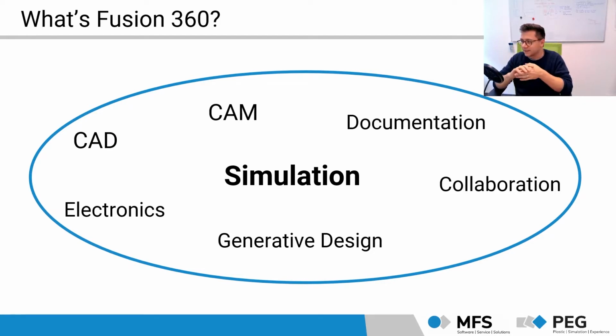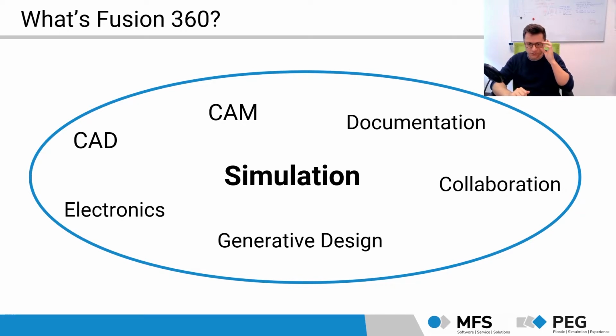So it's an integration of many options, starting with computer-aided design, CAD, and also CAM, which is computer-aided manufacturing, for example, drilling and cutting. You also have the option to do electronic setups. So motherboards, for example, you can design easily in the software.